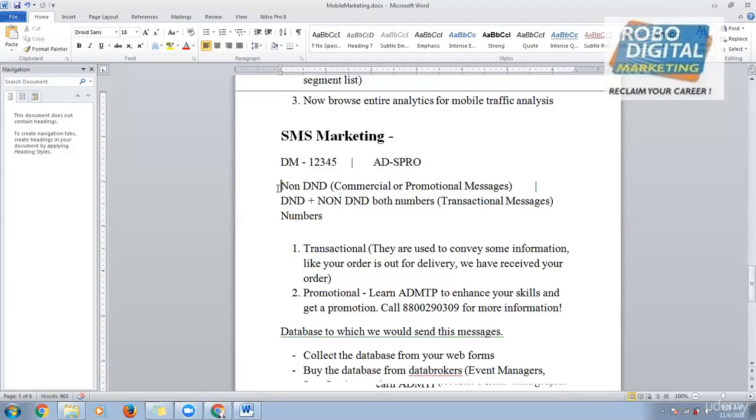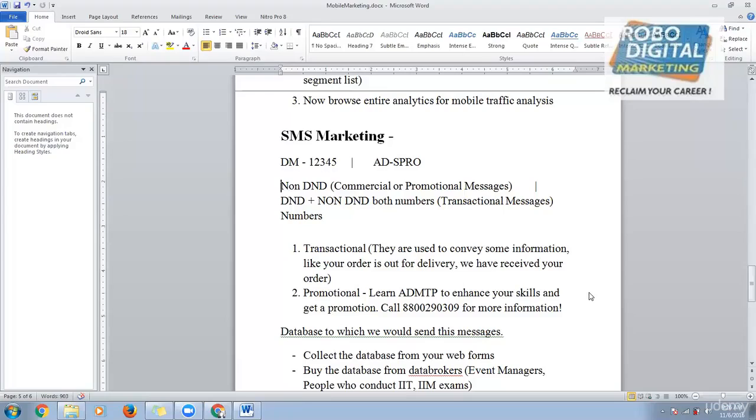So I hope you know DND and non-DND numbers. Clear? Manisha says yes. Okay. Nipun says yes. Okay. So now there are two types of messages, promotional and transactional.